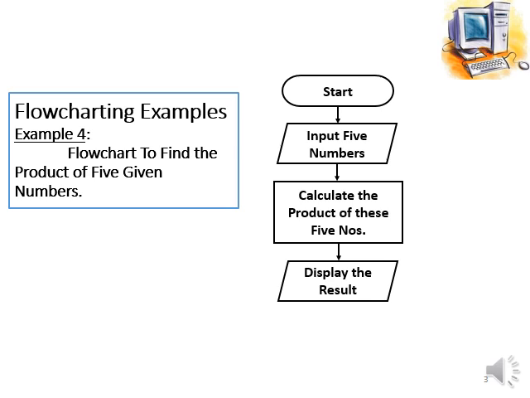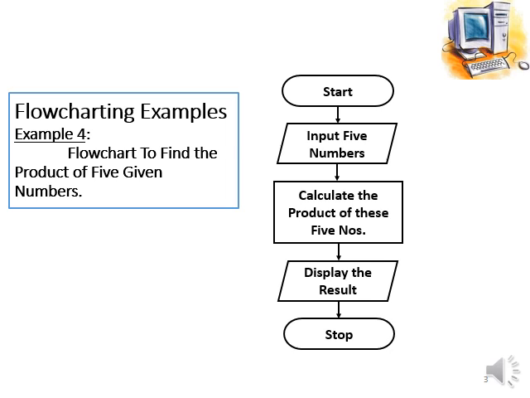So display the result means display the product of these 5 numbers, and it is represented by a parallelogram because this is an output operation. And then at the end we have to put the stop symbol. So I think it's very simple how to draw flowcharts for such a simple program or algorithm.